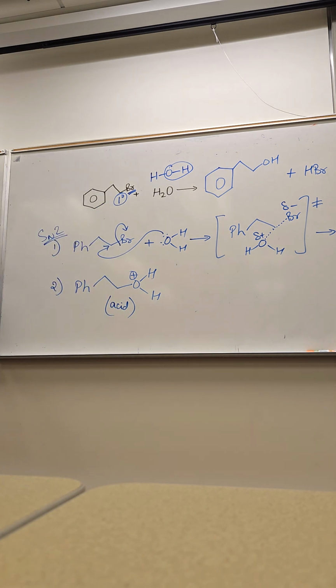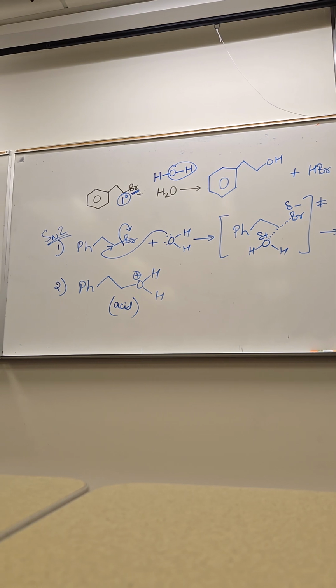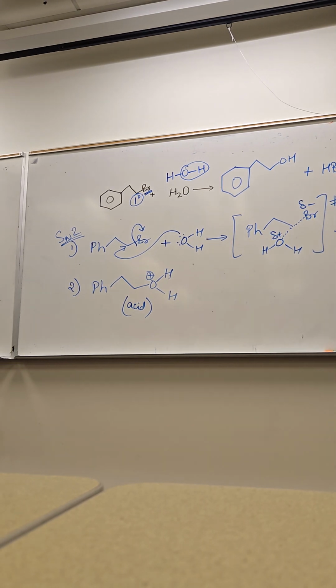Now, in this example, we have two substances that could potentially act as a base. One of them is bromide, Br minus. Is there another substance that could also act as a base and take a proton? Water. Which is a stronger base, Br minus or H2O? Don't be so quick. Please don't be so quick. What is the best way to decide which of these is the stronger base?